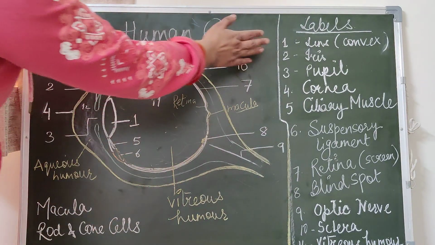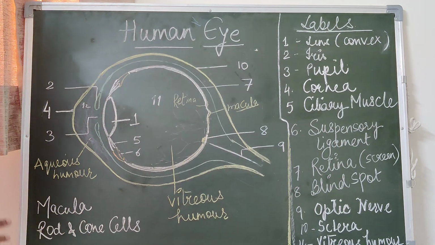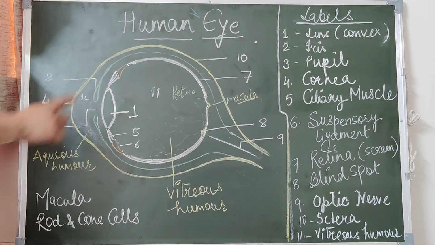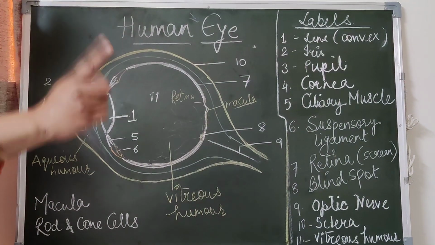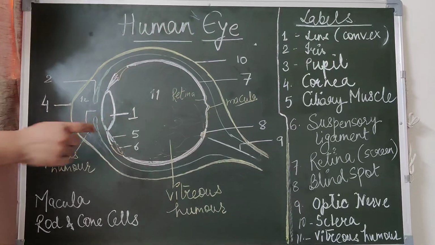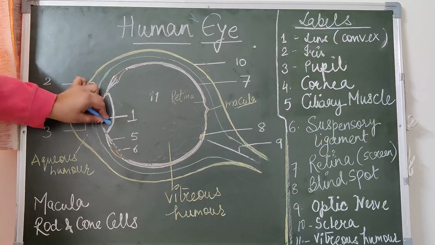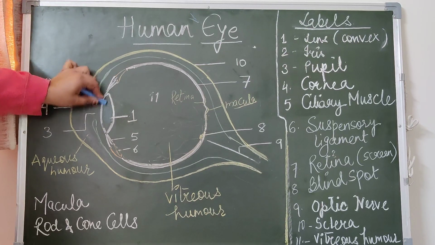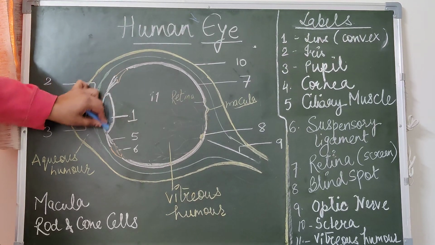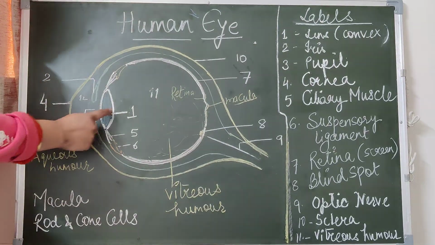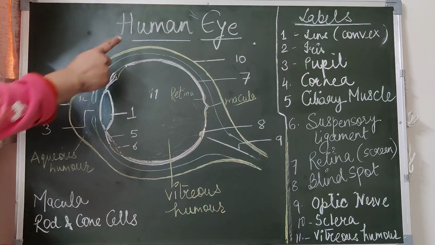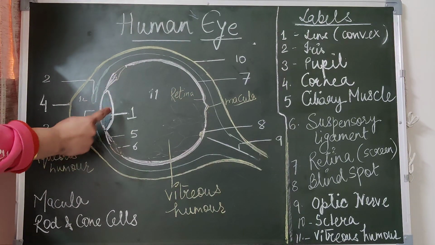So that is why I have given the points to all these points. When we are going to take up this human eye, the very first focus will be on this particular section, and I am going to shade it down, and that is the human eye's lens. Now this particular lens, this is the first part of this human eye, which is a convex lens.